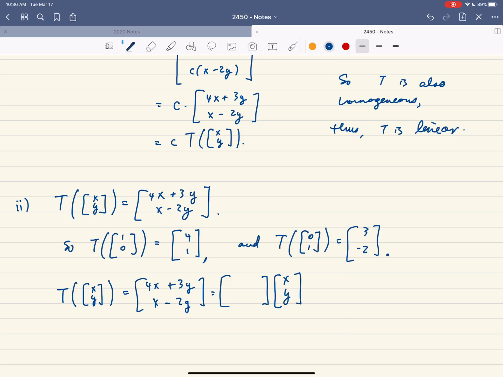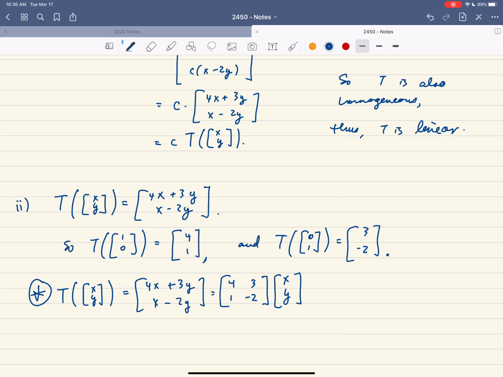And it turns out that this matrix is going to have columns that are exactly these values, T of (1, 0) and T of (0, 1). So our columns are going to be (4, 1) and (3, -2). Okay, so it turns out that's really what our linear transformation is.